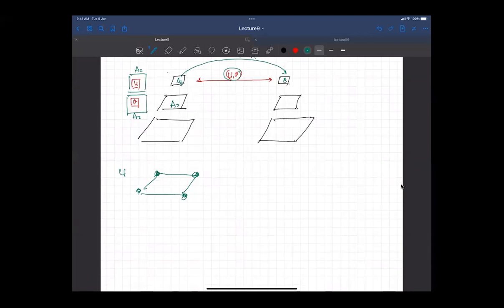This is U11, for example, U12, U22, and this one is U21. So you enlarge the locations. But of course, you do not know what the value in between will be, right? So that's the problem of enlarging or upscaling your image.